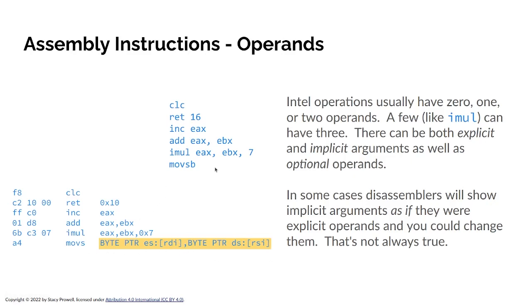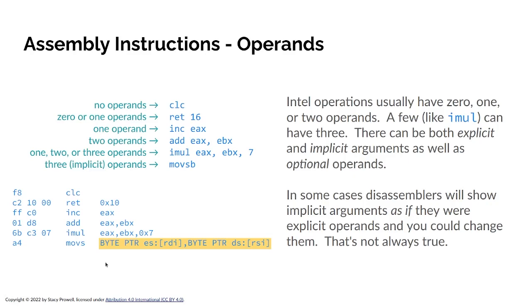And instead of being movsb, it's become movs, and the B has come over here and become part of the byte pointer notation here. This won't work. You can't assemble this because you cannot specify RDI and RSI. They are implicit. But the disassembler wants to be helpful to you and show you what's being done here. In other words, I can disassemble this, but I can't pass that back through an assembler and get the same code out. No operands, 0, 1, 1, 2, 1, 2 or 3, and 3 implicit.